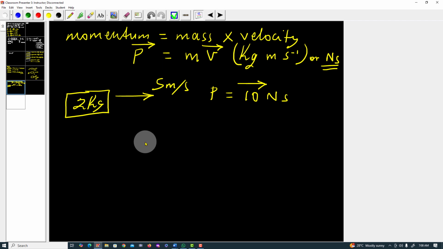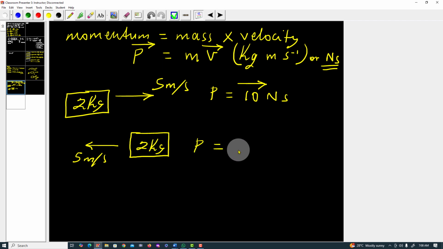If that object is moving to the left, the same object of mass 2 kilograms moving to the left with the same speed of 5 meters per second, then we're going to say that the momentum of this object is 10 Newton seconds, this time to the left.